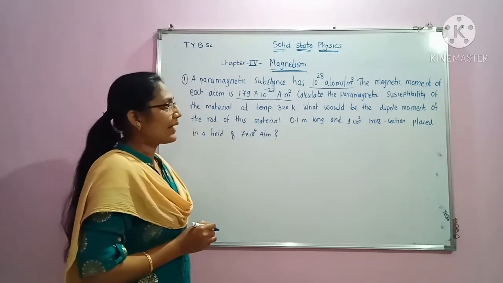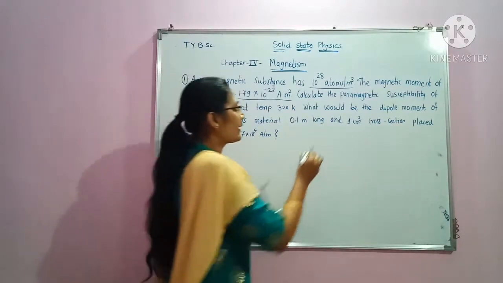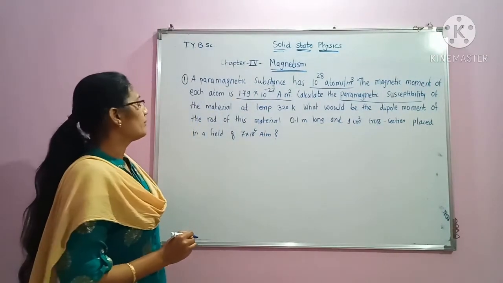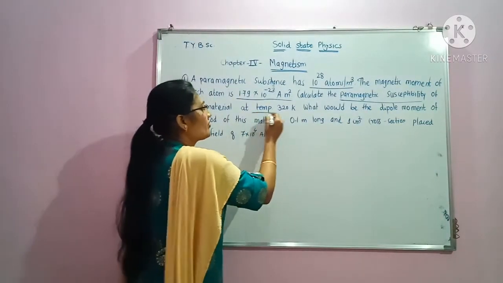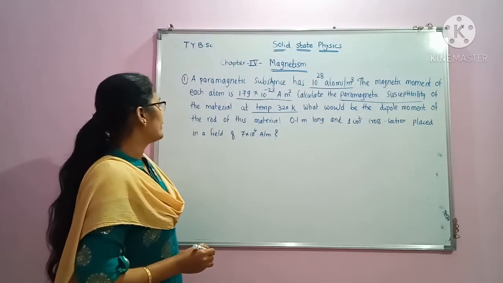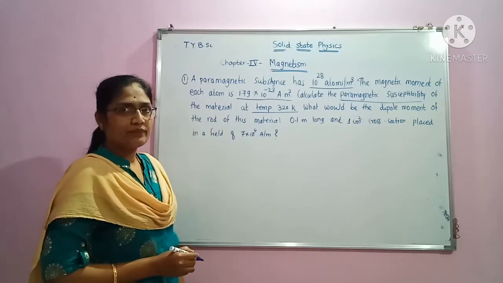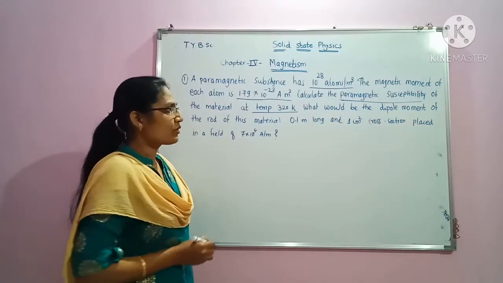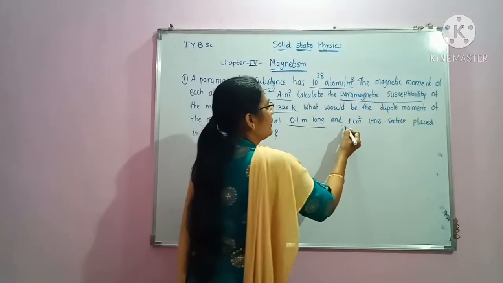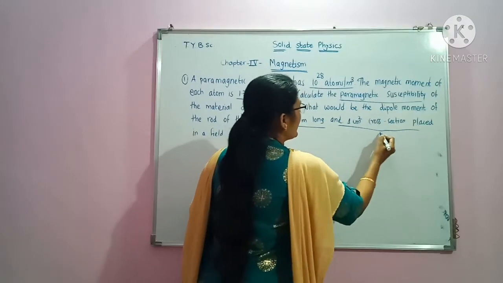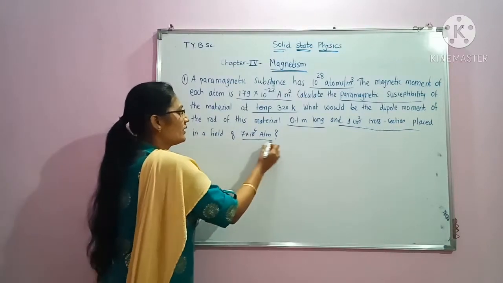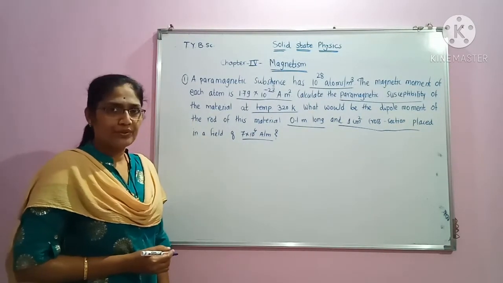Then calculate the paramagnetic susceptibility, that is chi, of the material at temperature 320 Kelvin. What would be the dipole moment of the rod of this material? Dimensions of the rod are given: 0.1 meter long and 1 centimeter square cross sectional area, placed in a field H of 7 into 10 raised to 4 ampere per meter.